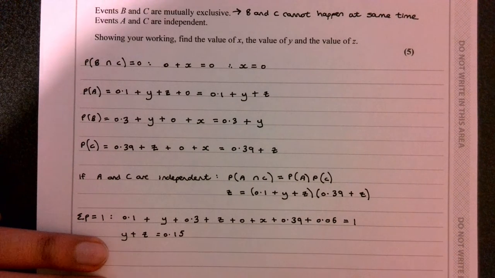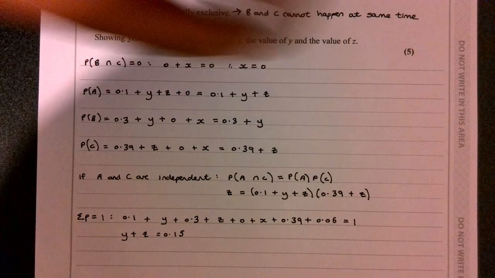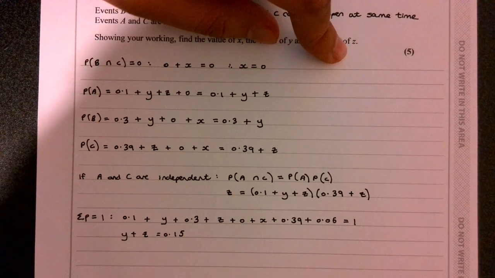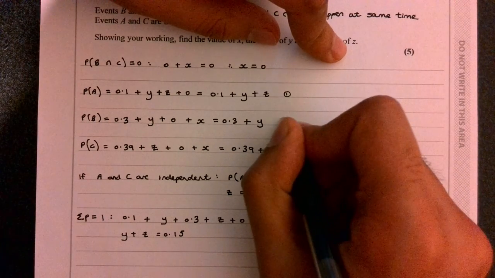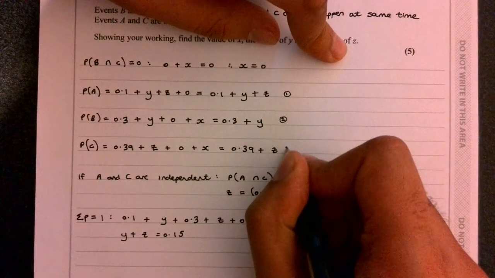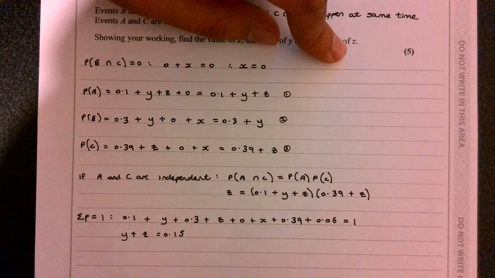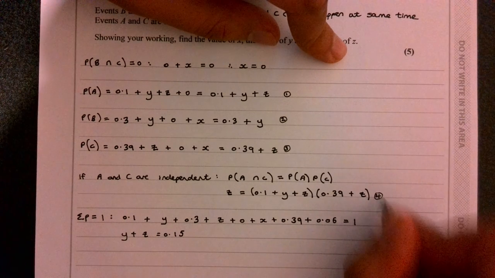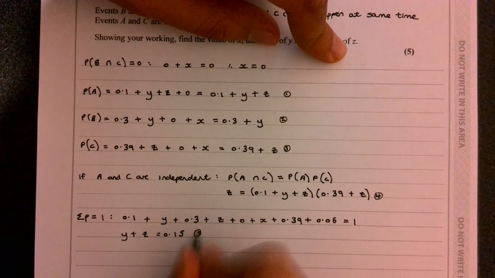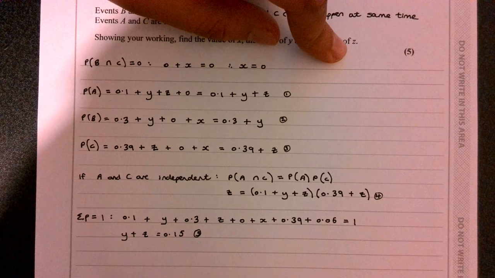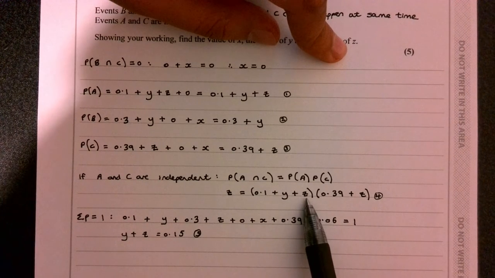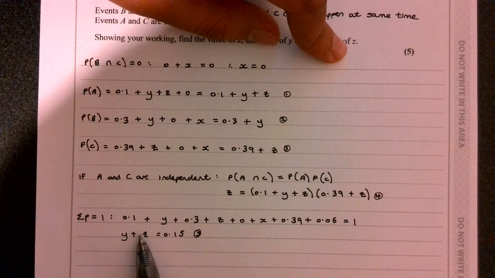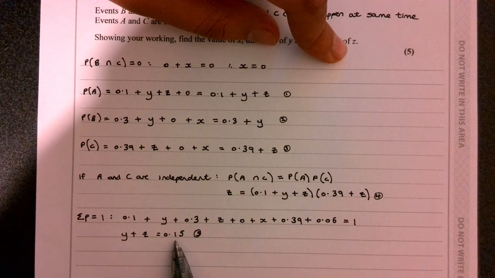Okay? And we've got a whole bunch of equations over here. If I call this equation 1, this equation 2, this equation 3, this equation 4, this equation 5. First of all, over here we've got a y plus z, and here we found that y plus z is equal to 0.15.